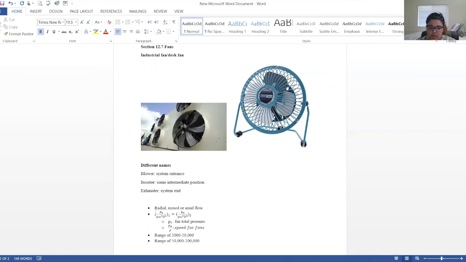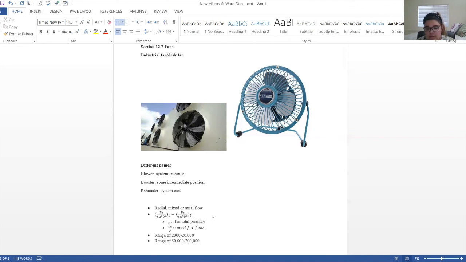This equation right here is relating two different fans. You can use more depending on the system that you have. In this case, PA would represent the fan total pressure, and the ratio of PA over the density just represents the speed of the fans.